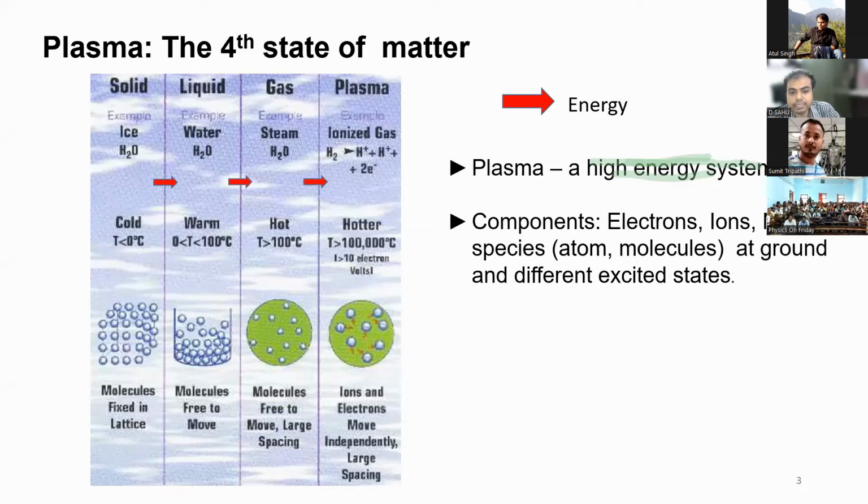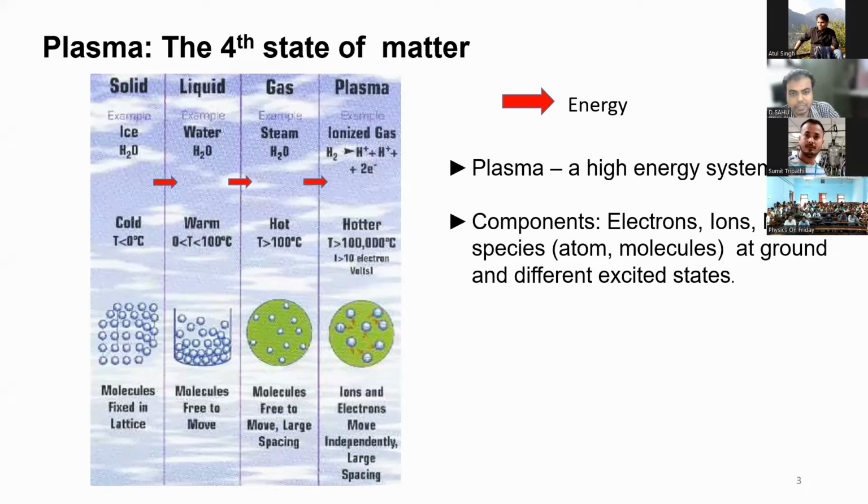As soon as you give more energy, the weak bonds between these molecules become weaker and in fact break, and they become individual molecules roaming around. That is the vapor of steam, or a gas in general.